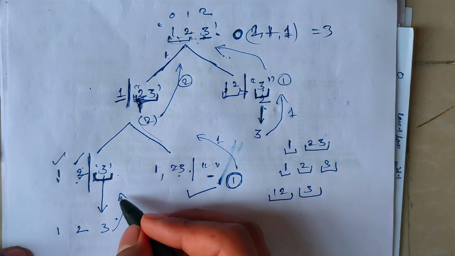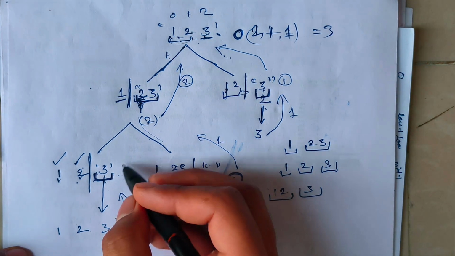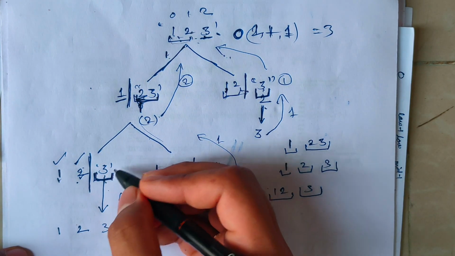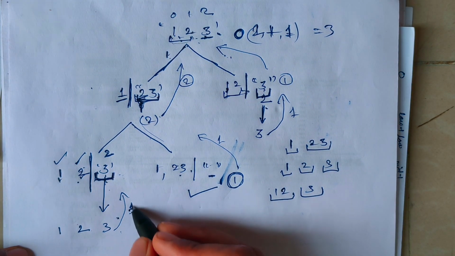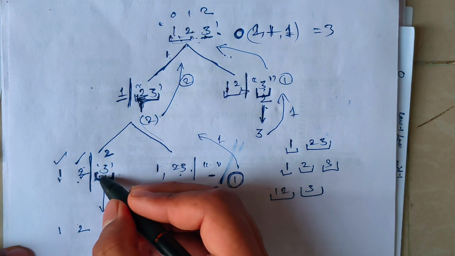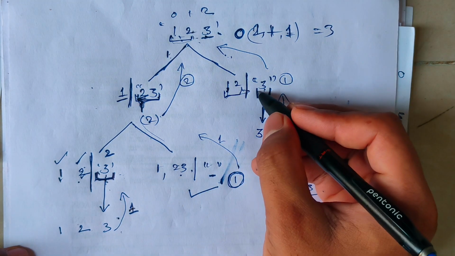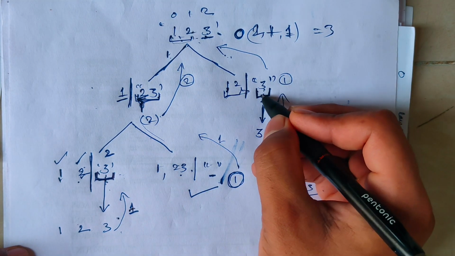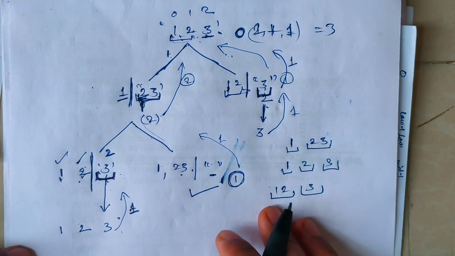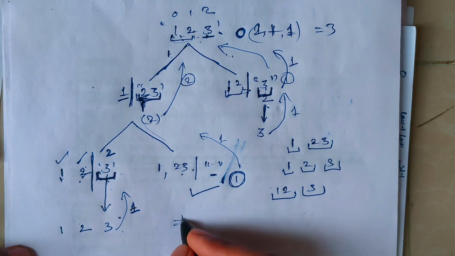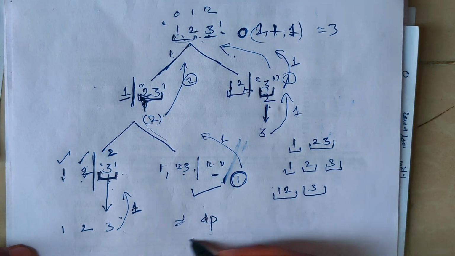If we have reached index 2 and we got our answer as 1, we are not going to explore 3 again. Like if here we encountered 3, we directly return 1 from here. So that's how we are going to use DP in our solution. So let's code it up.